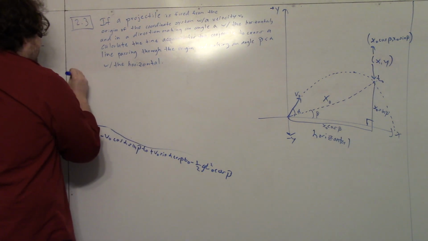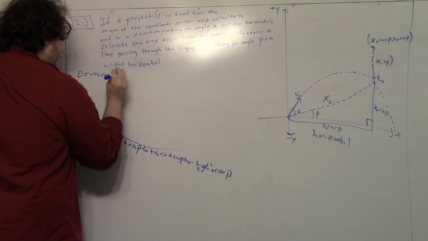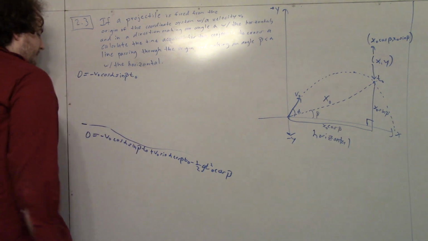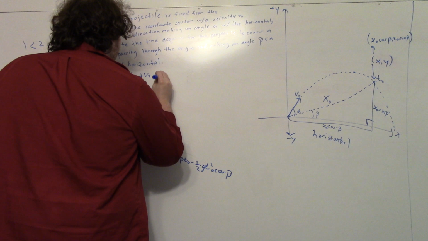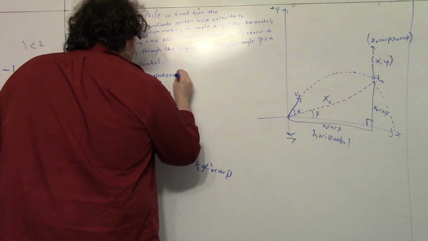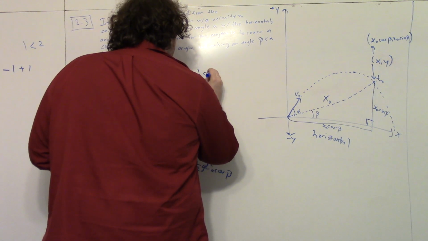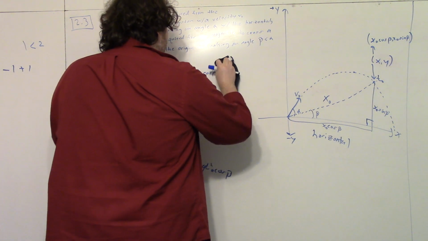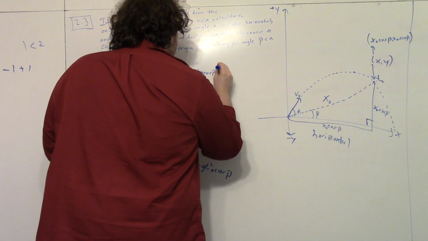Let's start from the top. 0 is equal to negative V naught cosine alpha sine beta T naught plus V naught sine alpha cosine beta T naught minus 1/2 cosine beta G T naught squared.